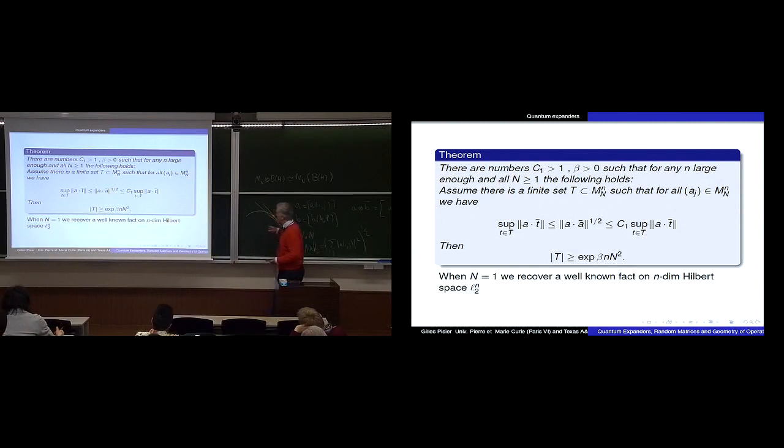There's a theorem that says you cannot do this with too few functionals. You need an exponential number of functionals in the dimension if you want to write the Euclidean norm, because it is a smooth norm. If you take, for instance, the L1 norm, okay, that's a bad choice.